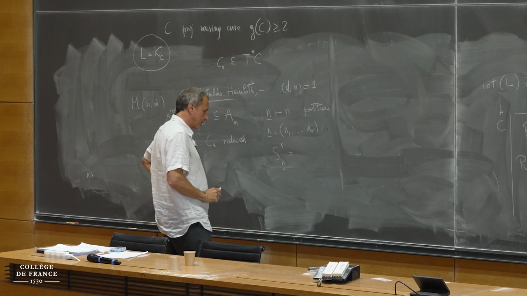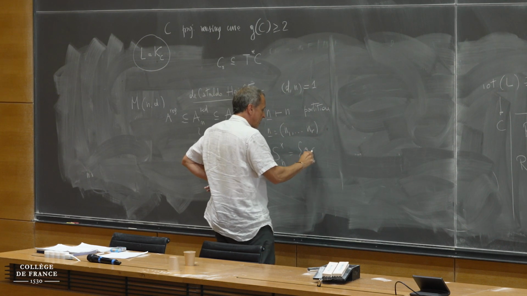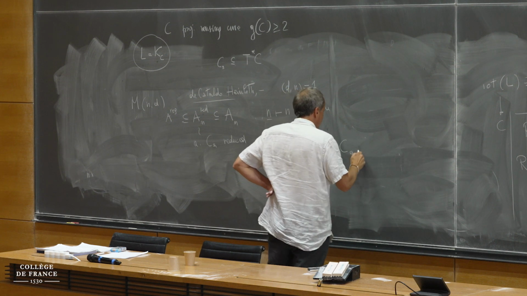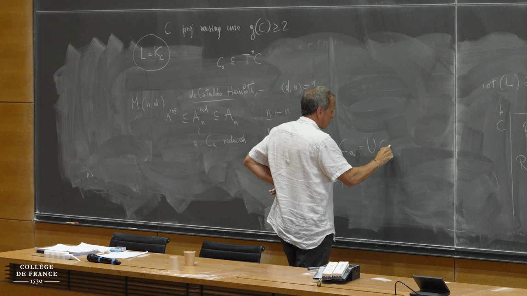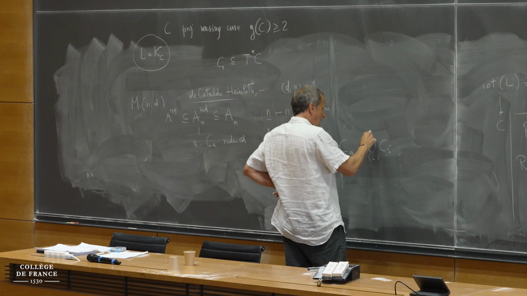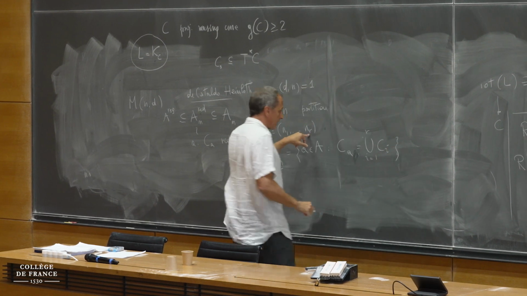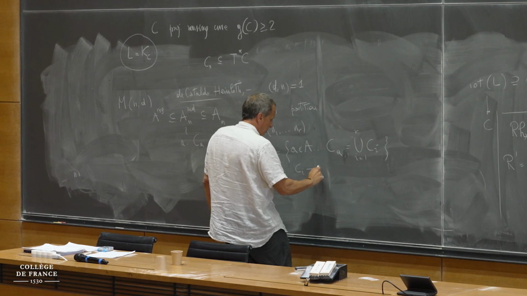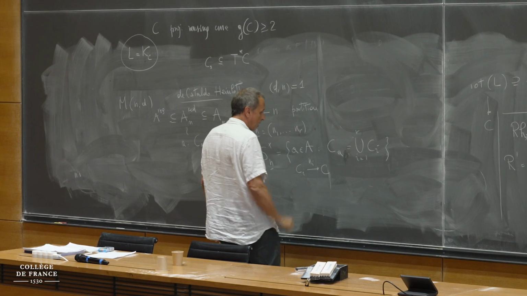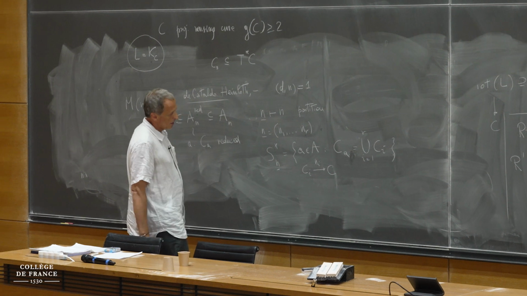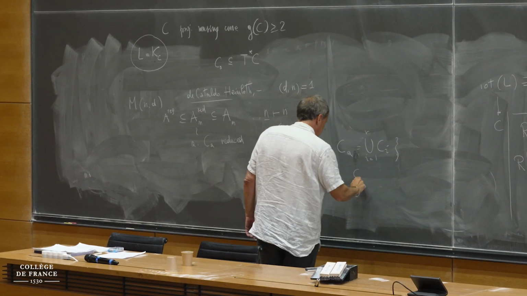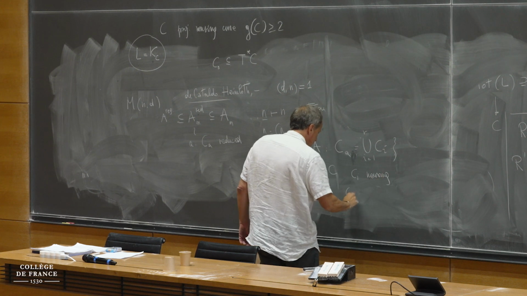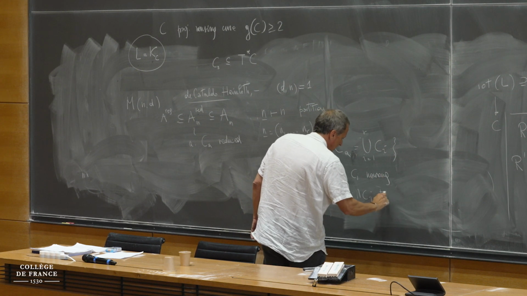Let me define this set: the points in the Hitchin base such that the spectral curve splits as the union of r irreducible components, where r is the length of the partition, with C_i mapping to C with degree n_i. We also require that the C_i are non-singular and that C_i intersect C_j transversely.